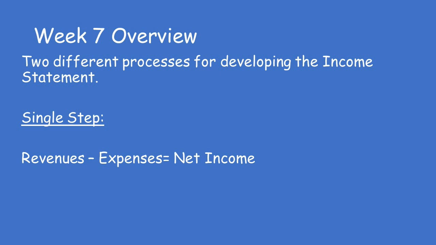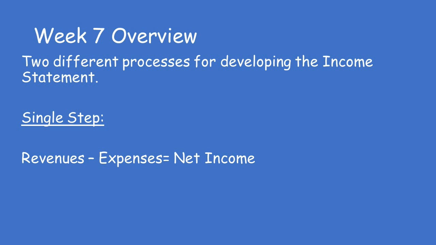A final item that we're learning about this week from Chapter 6 is the two different processes for developing and presenting the income statement. The income statements presented so far in this course have expenses deducted from revenue in a single step to arrive at net income. In the single-step income statement, the revenue section lists all the revenues, including other income, right?